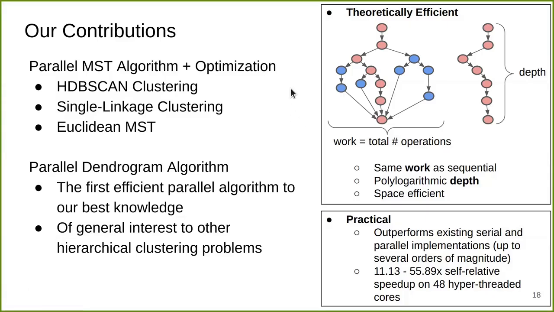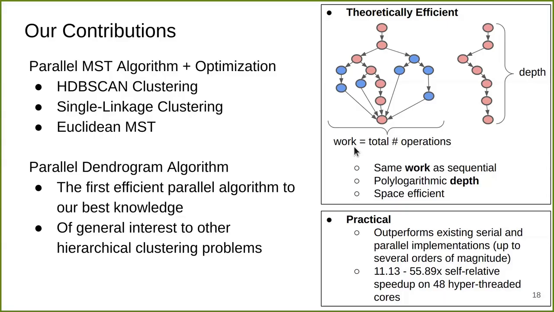All of our parallel algorithms are theoretically efficient. We use the work and depth model for parallel algorithms, where we use a directed acyclic graph to represent an algorithm. Each node of the graph represents an operation in the algorithm, and each directed edge represents a dependency. So if 2 operations do not have any dependency between them, they can be scheduled to run in parallel by a scheduler.